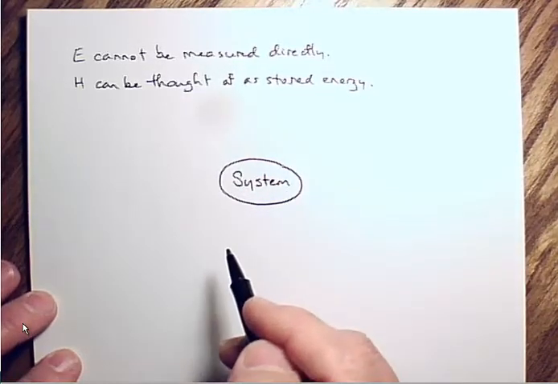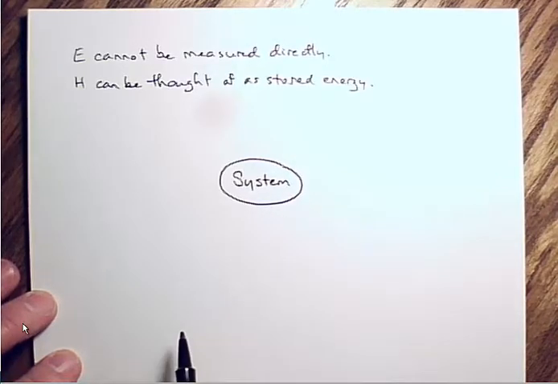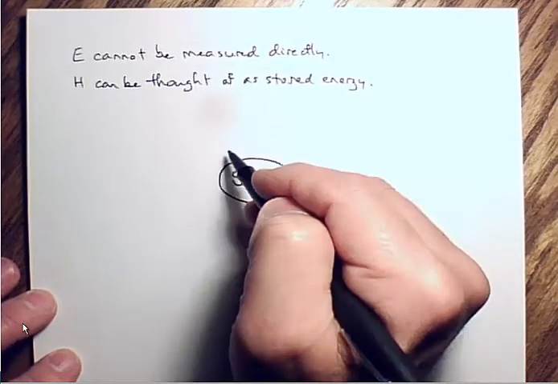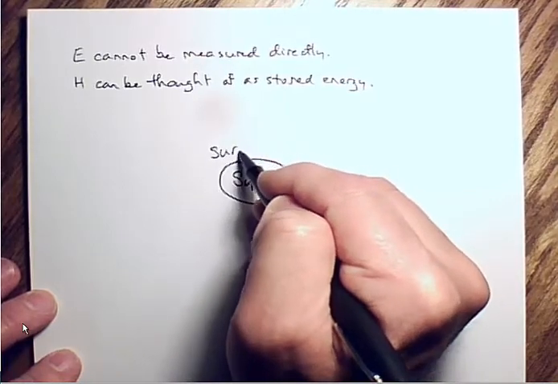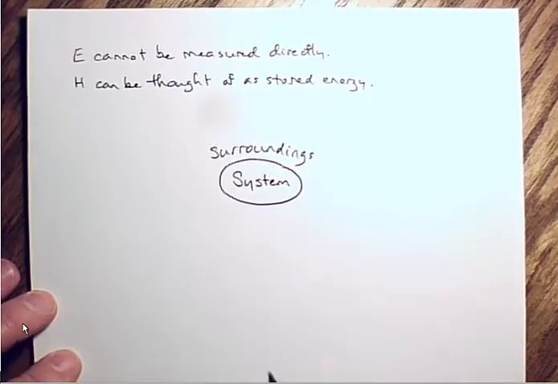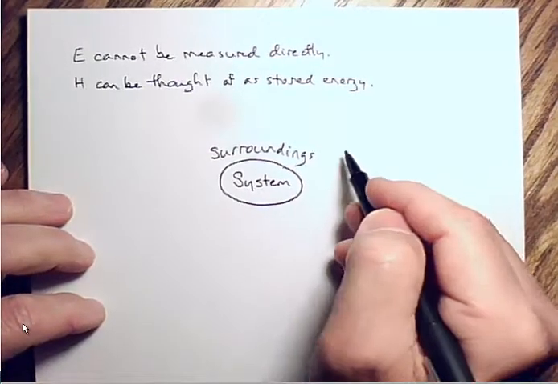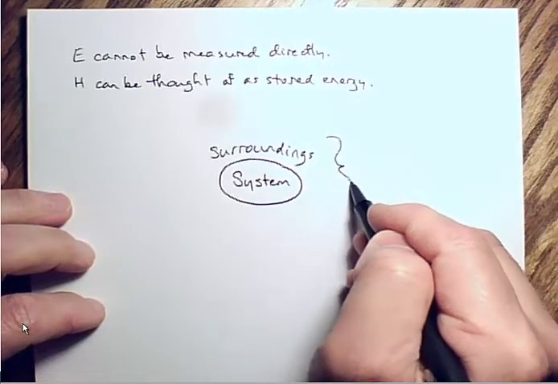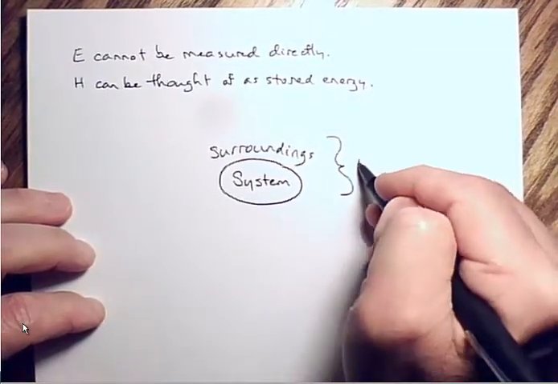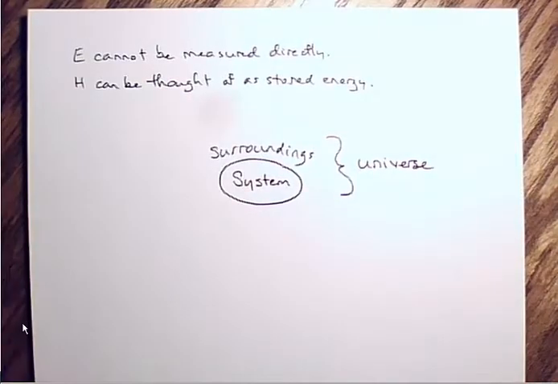It doesn't change unless it goes somewhere or comes from somewhere, and where it goes or comes from is called the surroundings. And all together, the system and surroundings make up our universe.